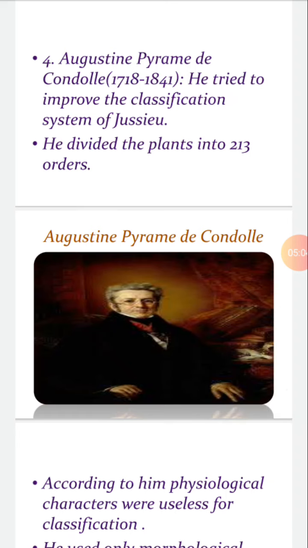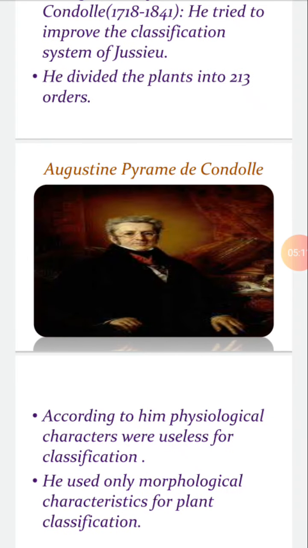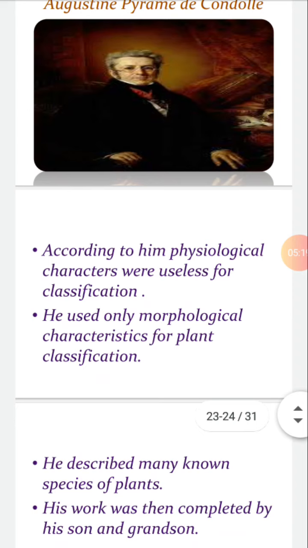According to him, functional or physiological characters were useless for plant classification. So he used only structural characteristics like morphological characters for plant classification. He described many known species of plants. His work was then completed by his son and grandson.